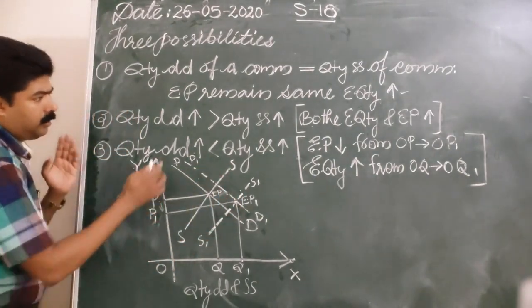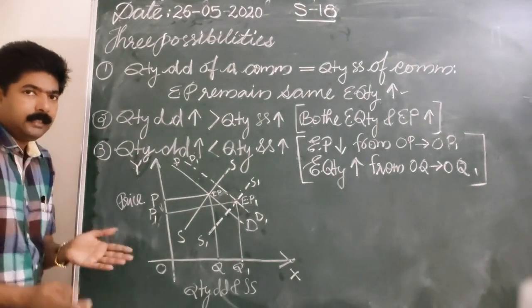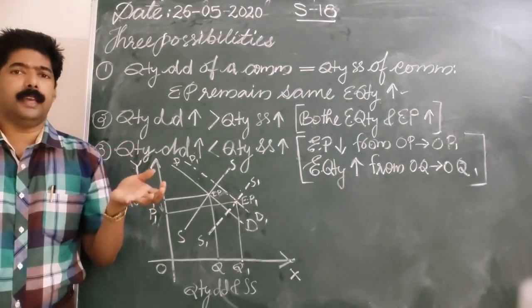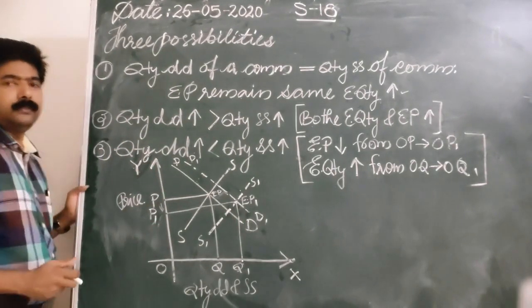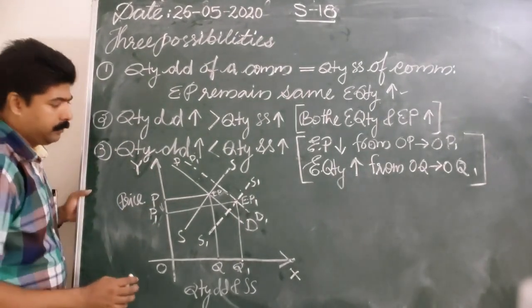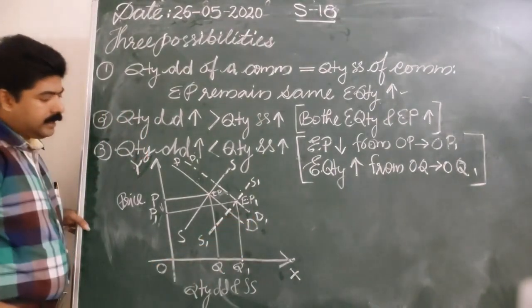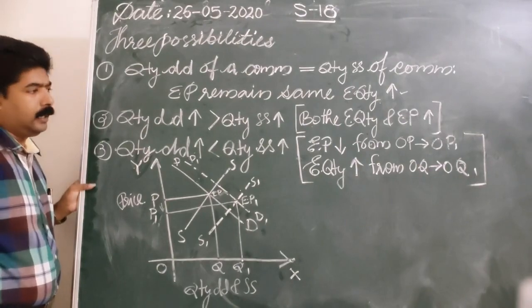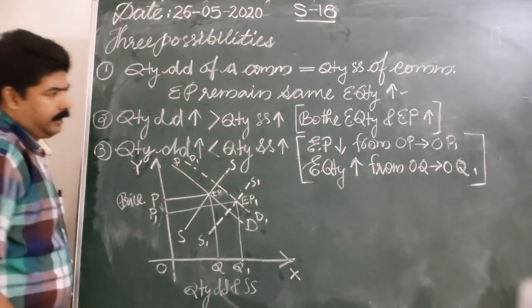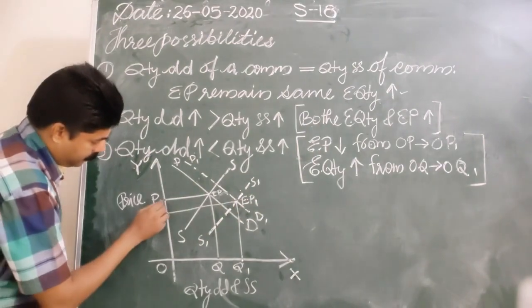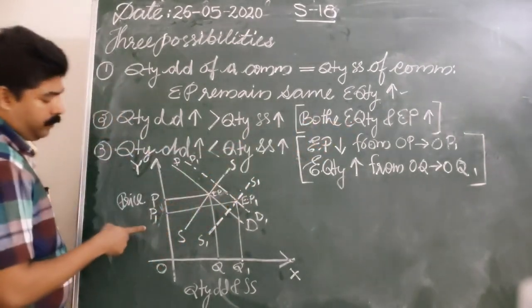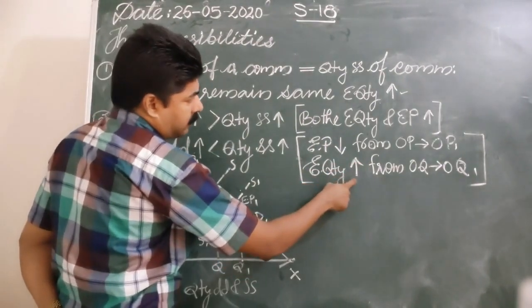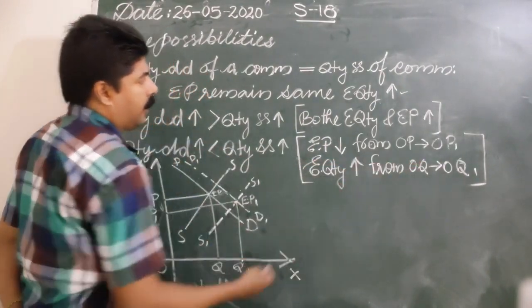So when you draw these three changes, the gap is the rate at which the quantity of the commodity changes. Keep in mind, this is the difference. So in that case, the outcome that can occur in the market is that equilibrium price diminishes from OP to OP1, whereas equilibrium quantity can increase from OQ to OQ1.